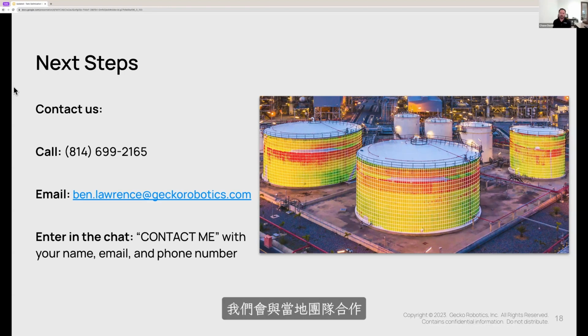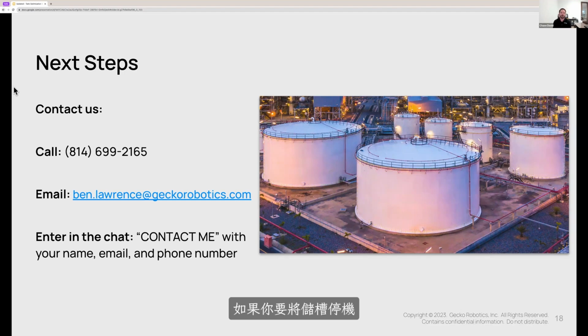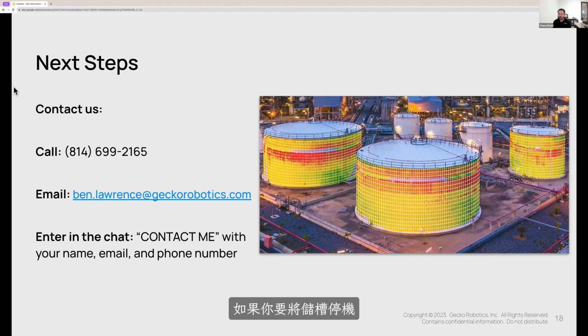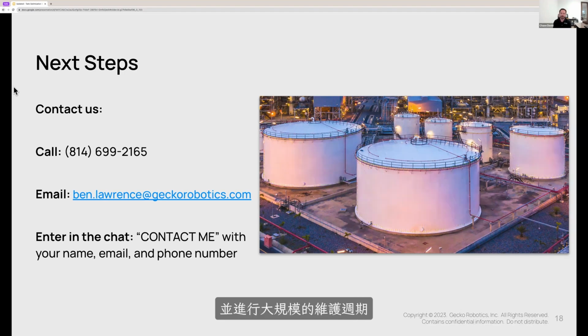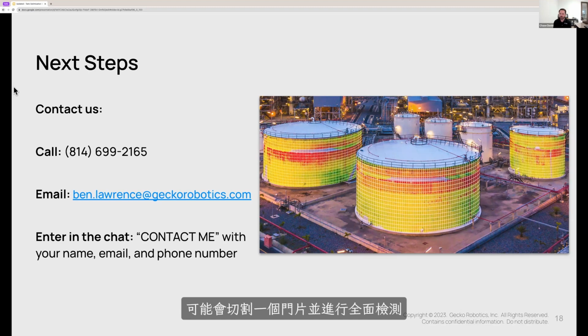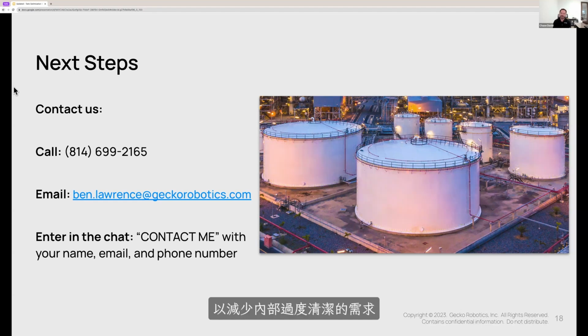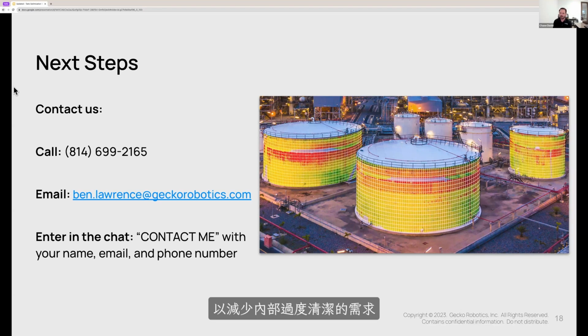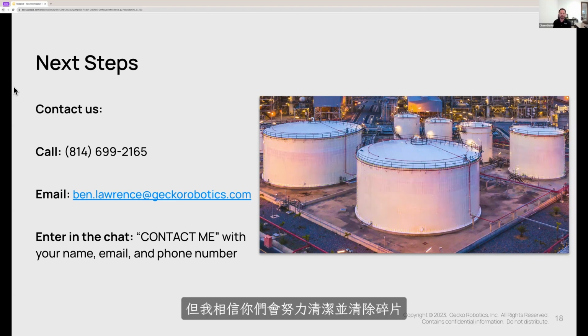We'll work with the local team. If you're going to take a tank out of service and you're going through a major cycle, maybe cut a door sheet and do a full inspection process, we can be there on site with you and do the external shell. We may do it from the external to eliminate any excessive cleaning needs from the ID, but I'm sure you will be working to get it clean and remove the debris.